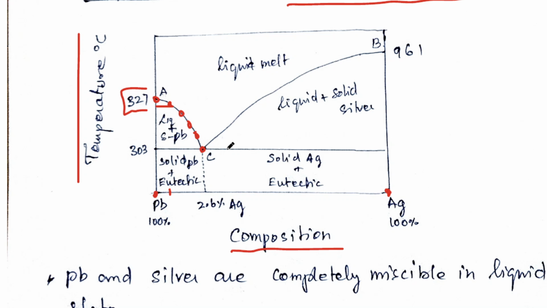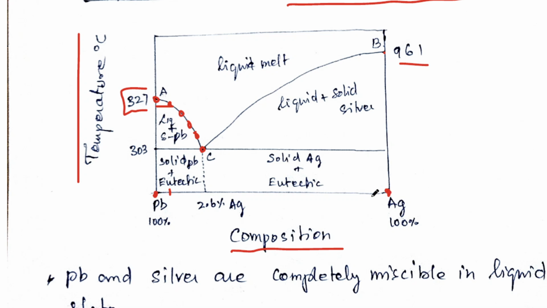On the other hand, if you take pure silver, that is 100% silver, and melt it, the silver will melt at 961 degrees Celsius. That is the melting point, or you can call it the freezing point, both are the same.